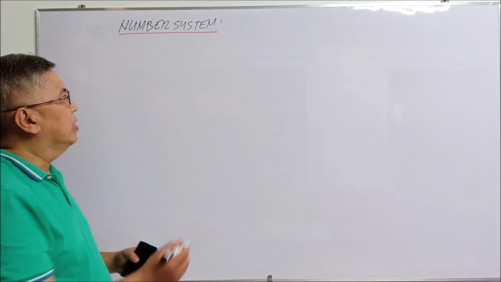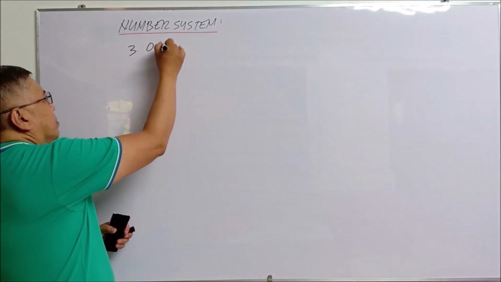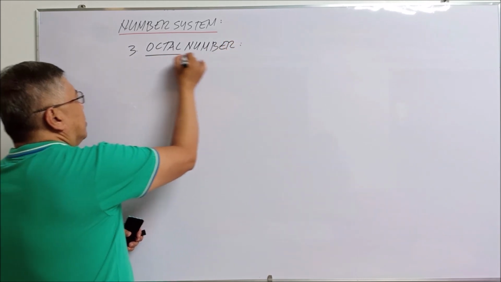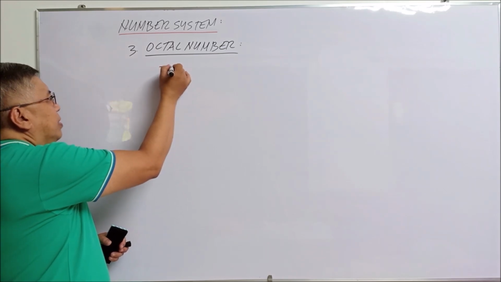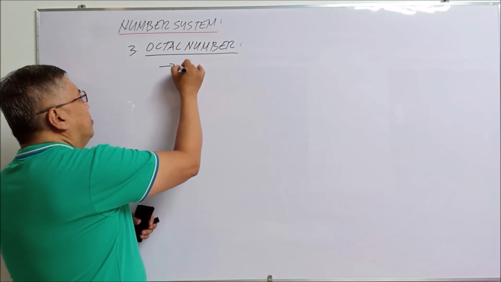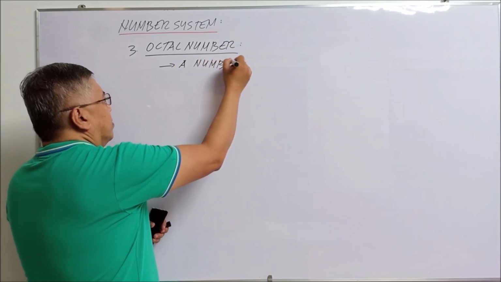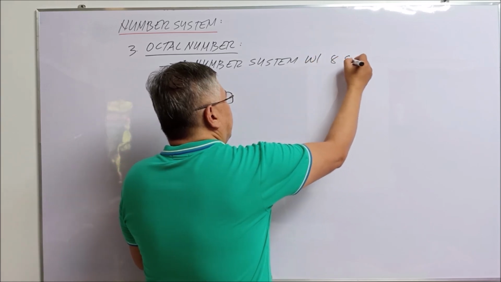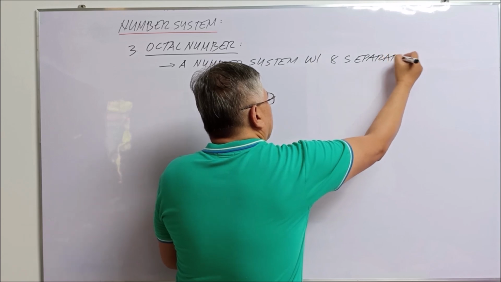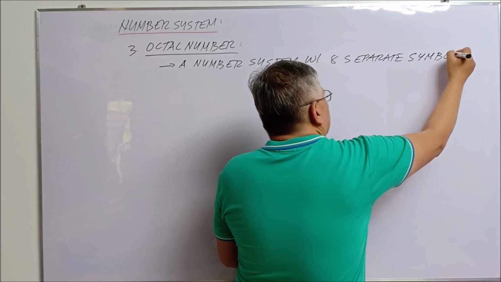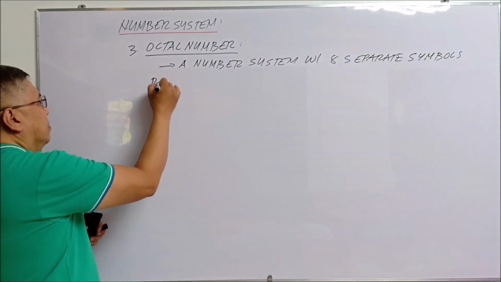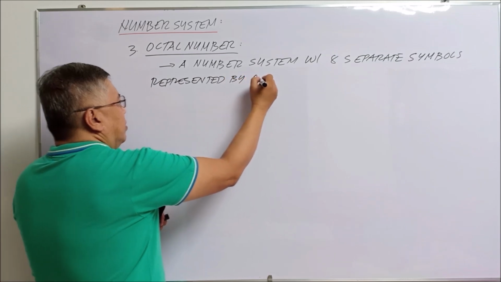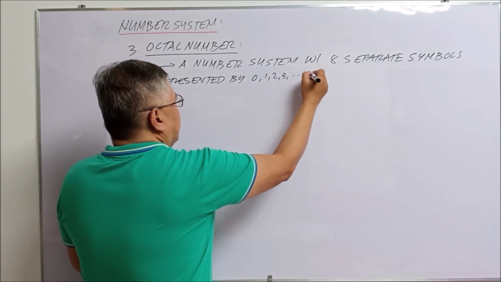Next is the octal number system. In our subject, we define it as a number system with 8 separate symbols represented by 0, 1, 2, 3, up to 7.